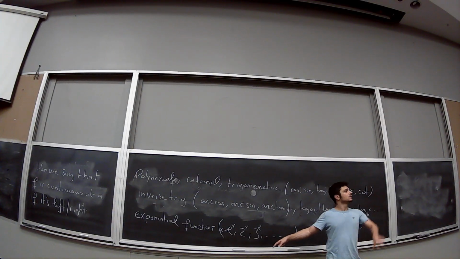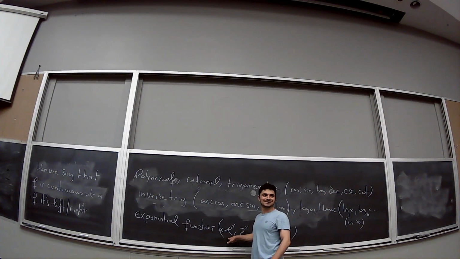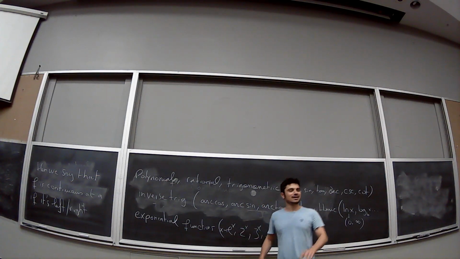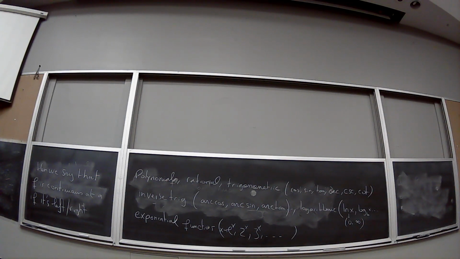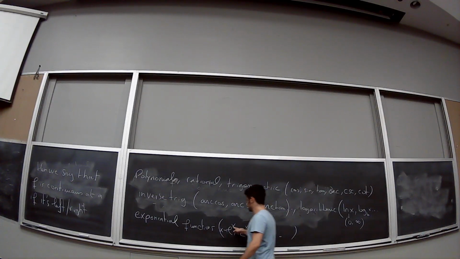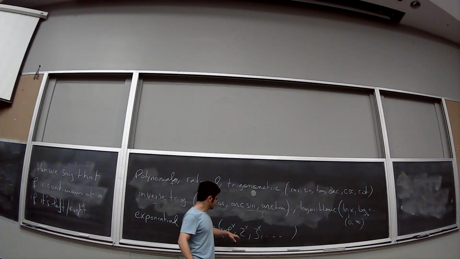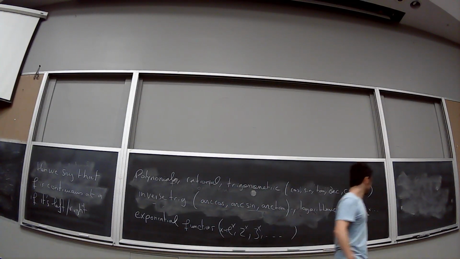Don't worry about it. We will look only at a positive base to the x. You can still do an integer to a power of an integer, that's fine. But when we have non-integer powers, or a real power, I'll just put a positive base, okay? Great.